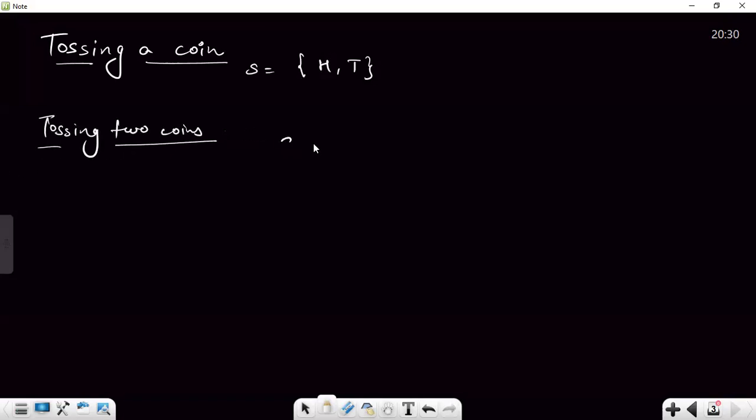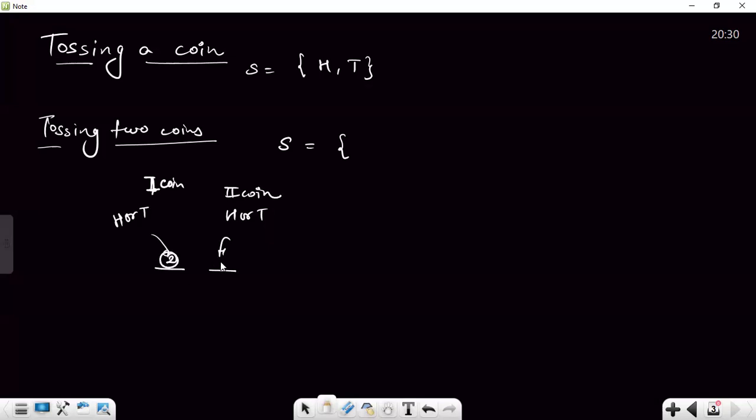Tossing two coins. See, now we have two places, like an event of tossing two coins. Here it can be head or tail, or here also head or tail with the second coin. This is the case of the first coin or the second coin.